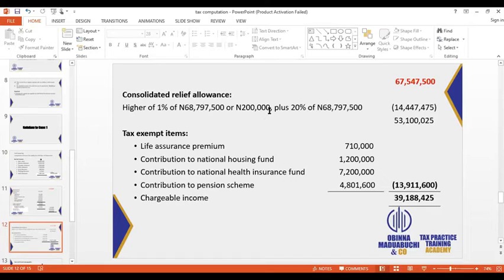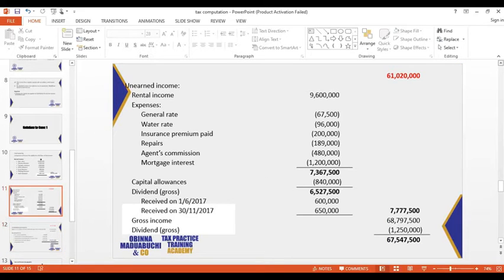So basically, for most people, your consolidated relief allowance is 200,000 naira, which is the fixed part, plus the variable part, which is 20% of your gross income. Now, under the new Finance Act of 2020, the gross income has been defined as your income.